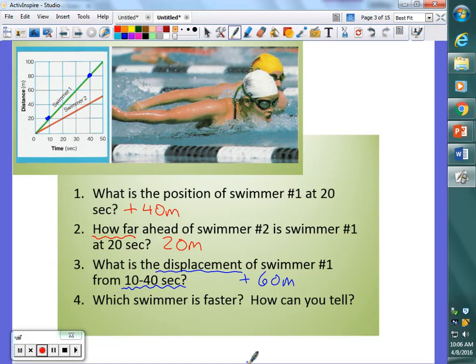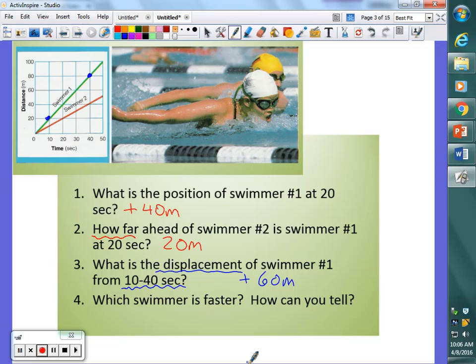Not that they always, but I would assume that they are. Does it matter? And they also, yeah, they have a little strap on the swimming suit there. So, 50 meters for swimmer 2? Yeah, so swimmer number 1 goes a lot farther in the same amount of time, so she has to be going faster. Okay?